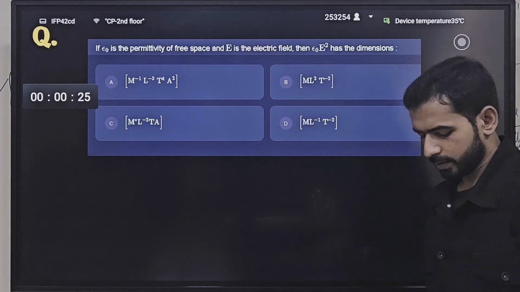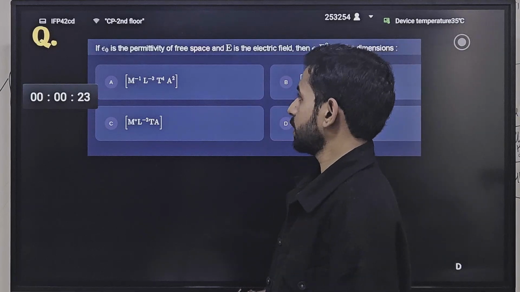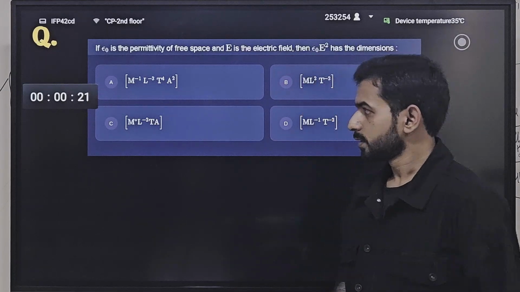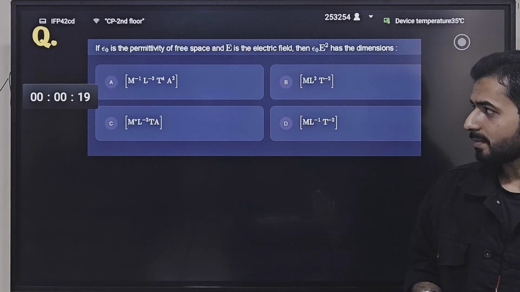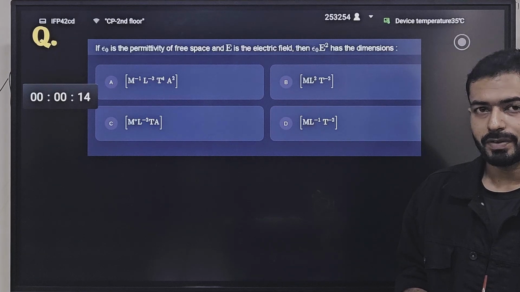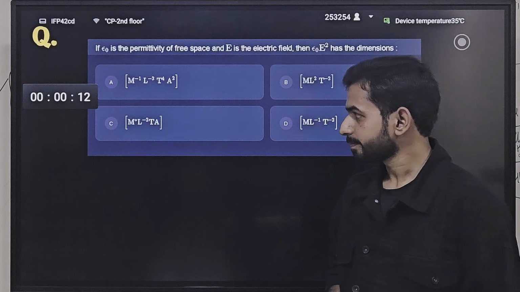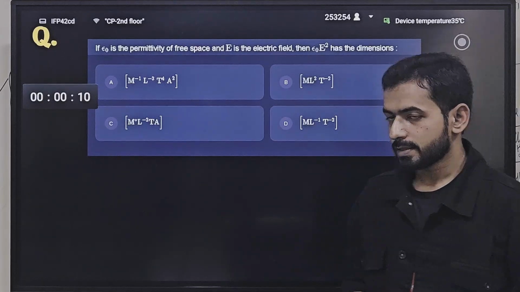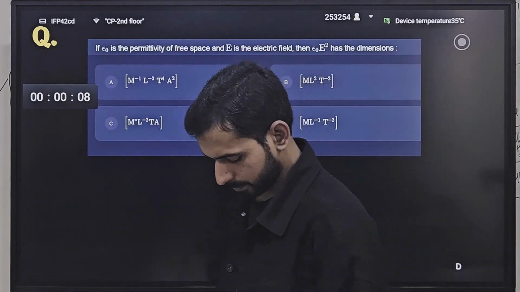Have you got the method, or are you using the direct dimension formula? You can use the direct dimension formula also, but I don't remember, so I will solve it from basics. 10 seconds. Solve it fast.